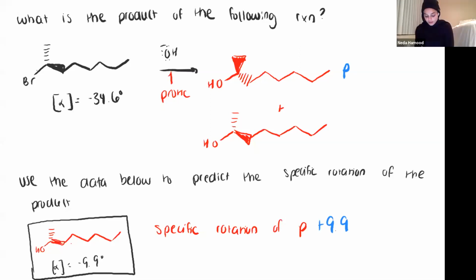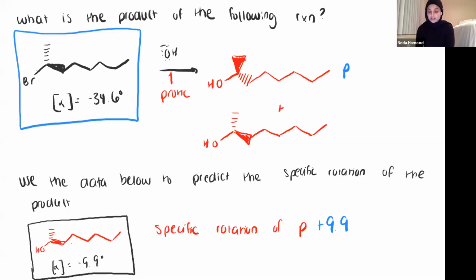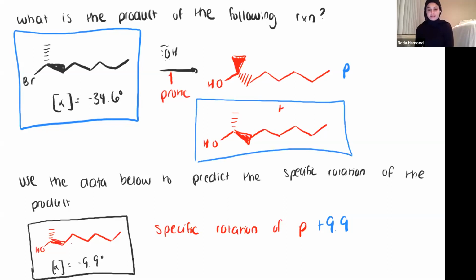Because we're not being asked about the specific rotation for the original compound; we changed this Br into an OH, so now we have a different compound. And it's telling us that the specific rotation of this enantiomer is negative 9.9. We know that enantiomers will rotate plane polarized light in the opposite direction. So I'm actually going to draw a picture to my best ability of what I'm imagining is happening.